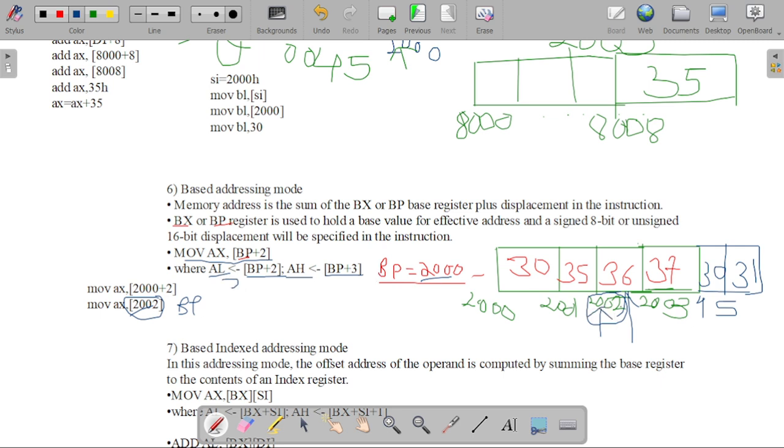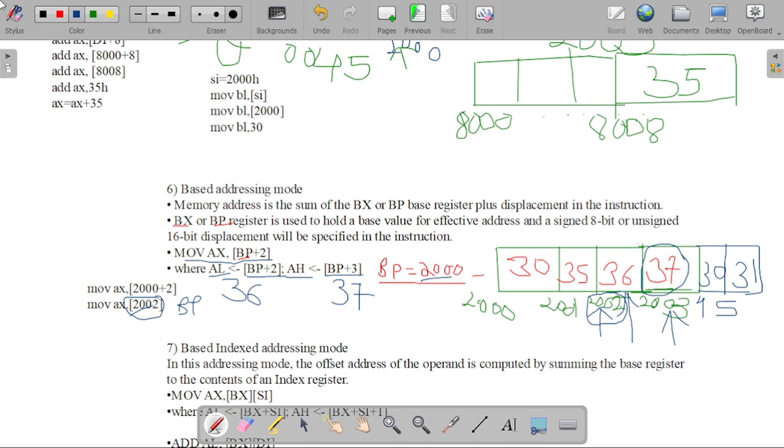So our AL register will be 36 after executing this instruction. Now the next part: our base pointer is 2000, so 2000 plus 3 is 2003, and on that location the value stored is 37. So 37 will be copied into our AH register. So that is called base addressing mode.